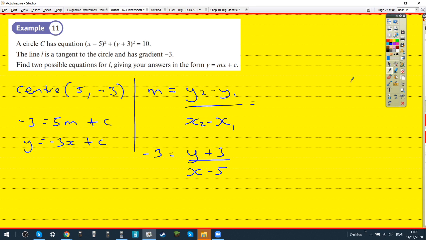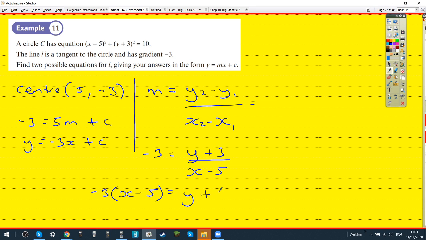Would you multiply by x minus 5? Yep. So that gives you x minus 5 times -3, and then it'd be equal to y plus 3.